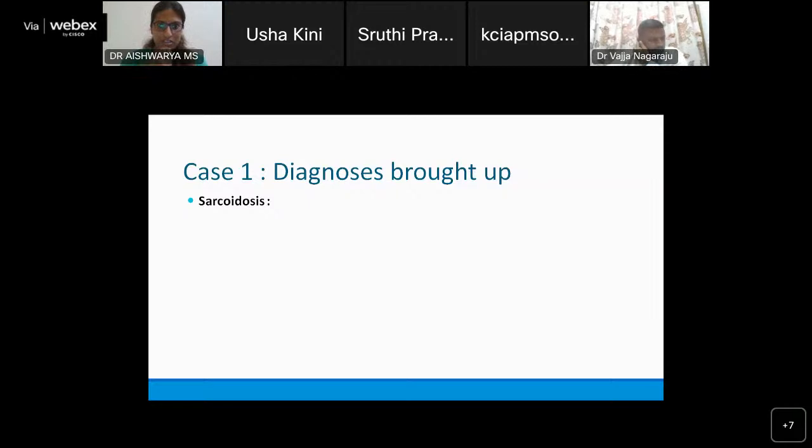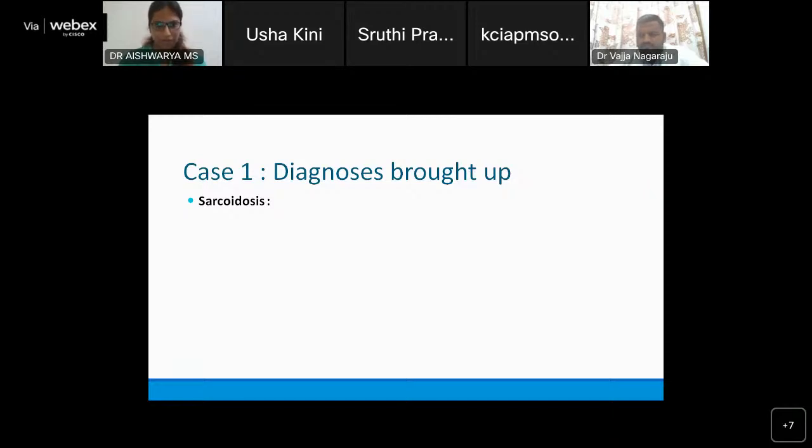Okay. For a diagnosis of sarcoidosis, it is not done purely on histopathology, Aishwarya. It needs to be correlated with the systemic findings. So you needed to find out many more things about this patient.